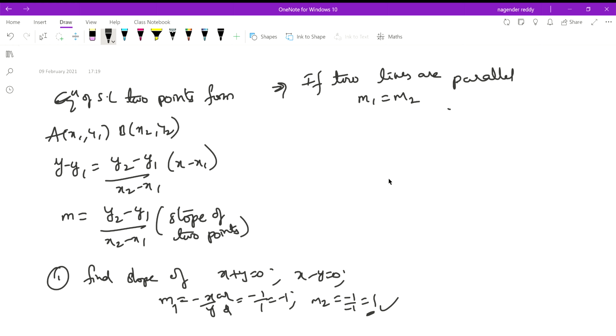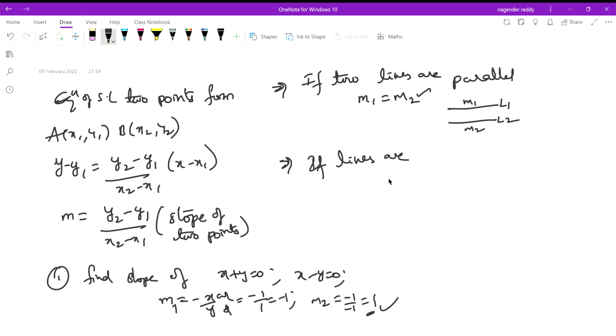Suppose this is one line L1 and this is another line L2. If these two are parallel, and m1 is the slope of L1 and m2 is the slope of L2, then m1 is equal to m2. Why are the slopes equal? Because the tan value will be the same for both lines.